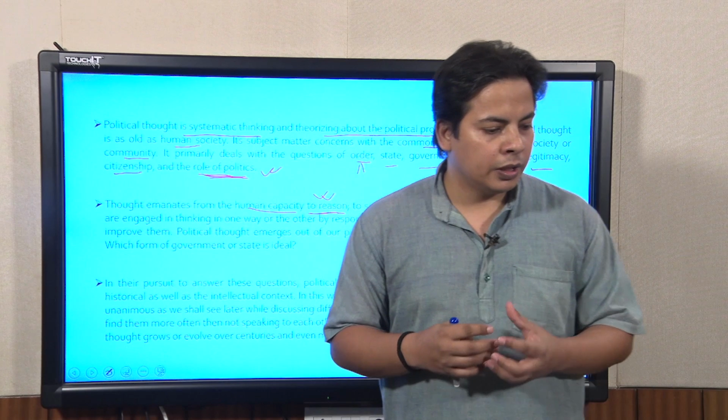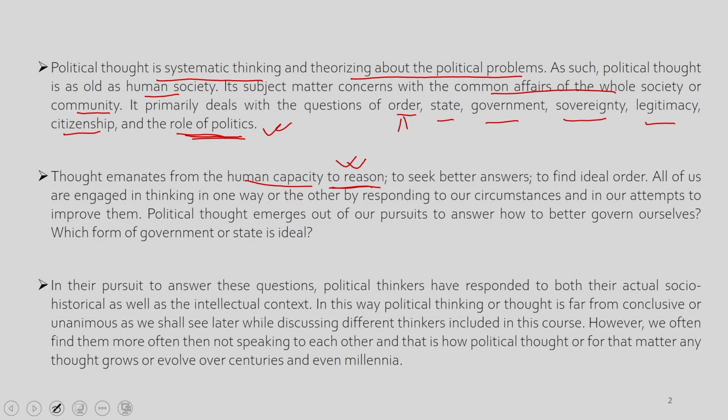So, thought in that sense, including the political thought, emanates from the human capacity to reason, to seek better answers.